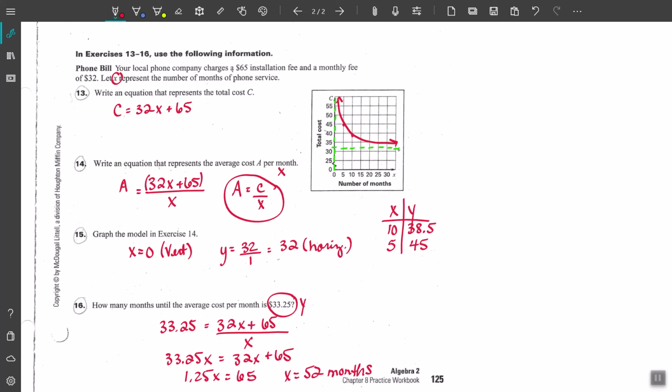We just can't see it on our graph because the graph doesn't extend that far, so we can't read it from the graph we have drawn here on the paper. Or you could do that on the graphing calculator as well. So either way, either evaluating at 33.25 or actually putting it on the graphing calculator, will work.